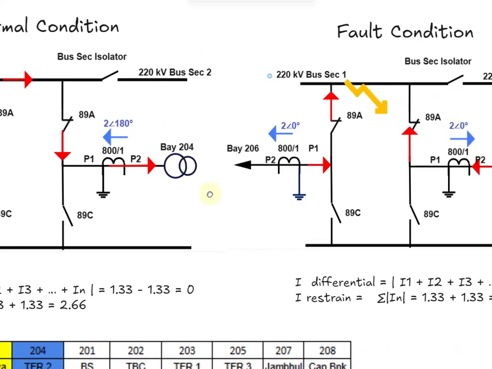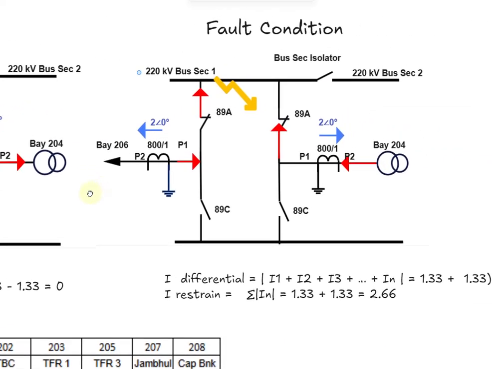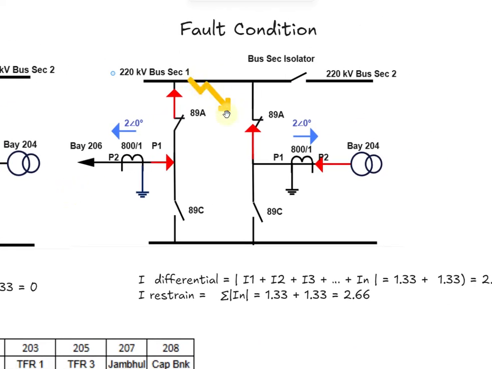Now we'll see the fault condition. Let's assume that there's a fault on the main bus section 1. This current will go into the bus, so it's 2 at an angle 0, but this current will also go into the bus, because it's a fault here, it will feed the fault, so it's also 2 at an angle 0.